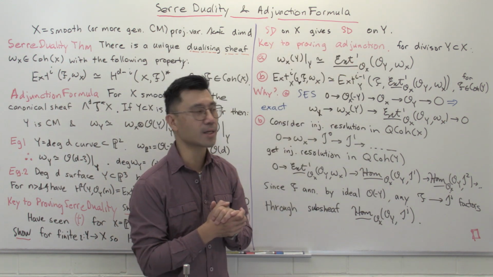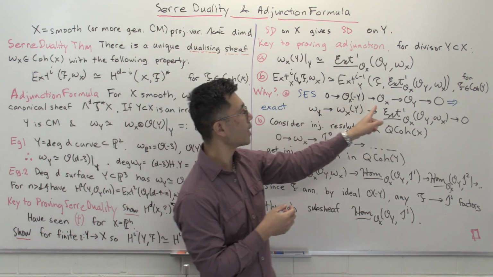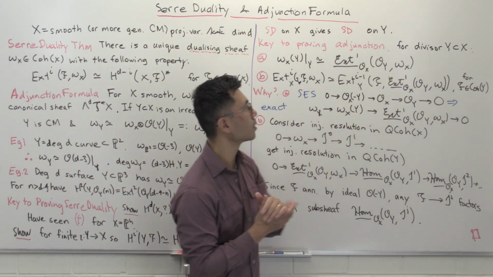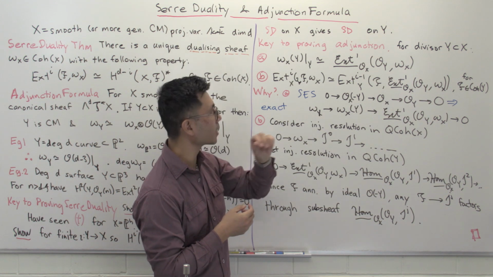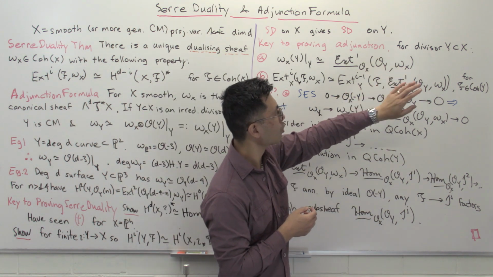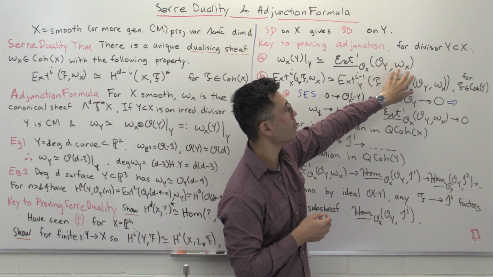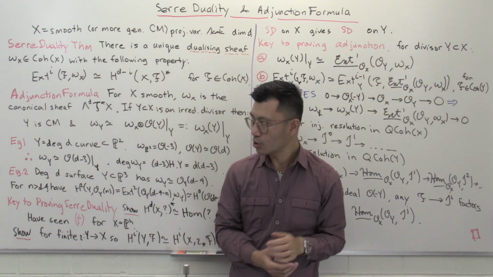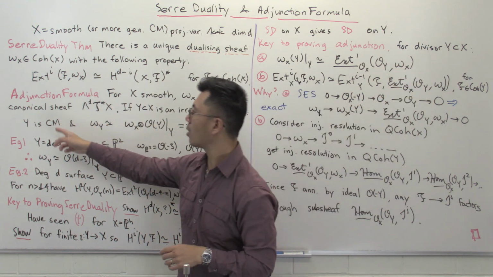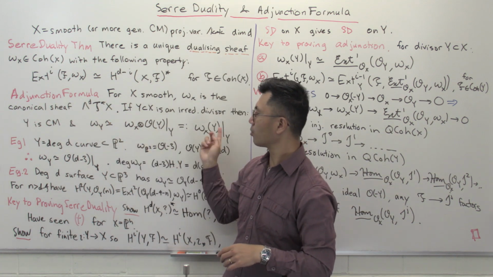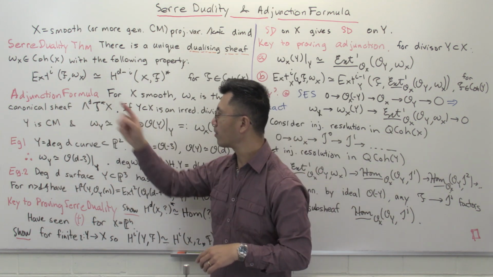The first thing is that you can Hom this whole thing into omega X. It will turn out that omega X normally will be like an invertible sheaf. It won't be in general, but if X is smooth, it will turn out that it's an invertible sheaf.